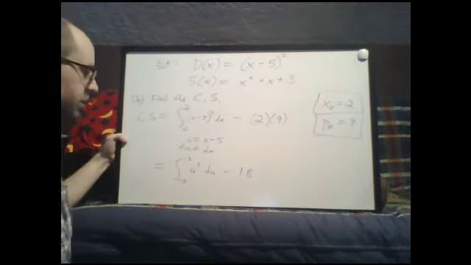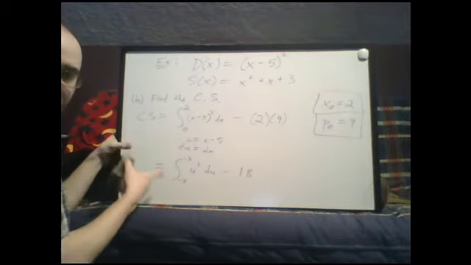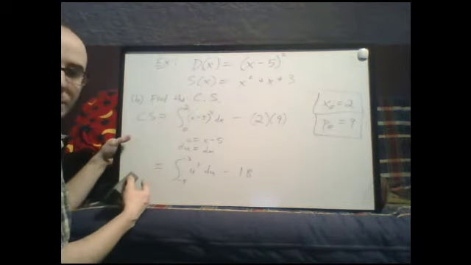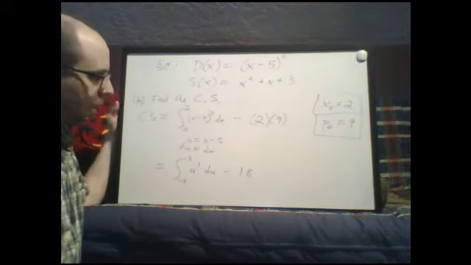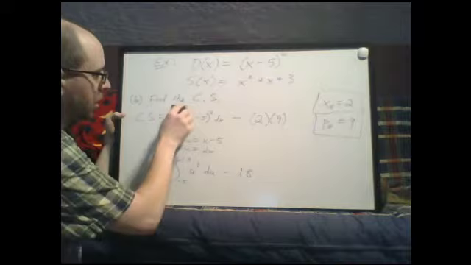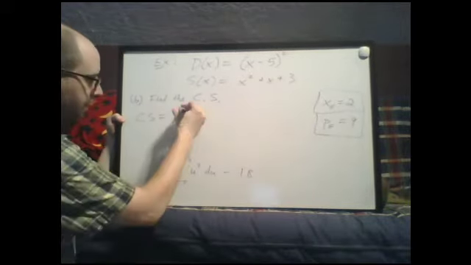I'm going to need more space to compute this. But there's nothing wrong with doing it this way, using substitution. There's also nothing wrong if you want to multiply this out and just integrate it with no substitution. Let me copy this.